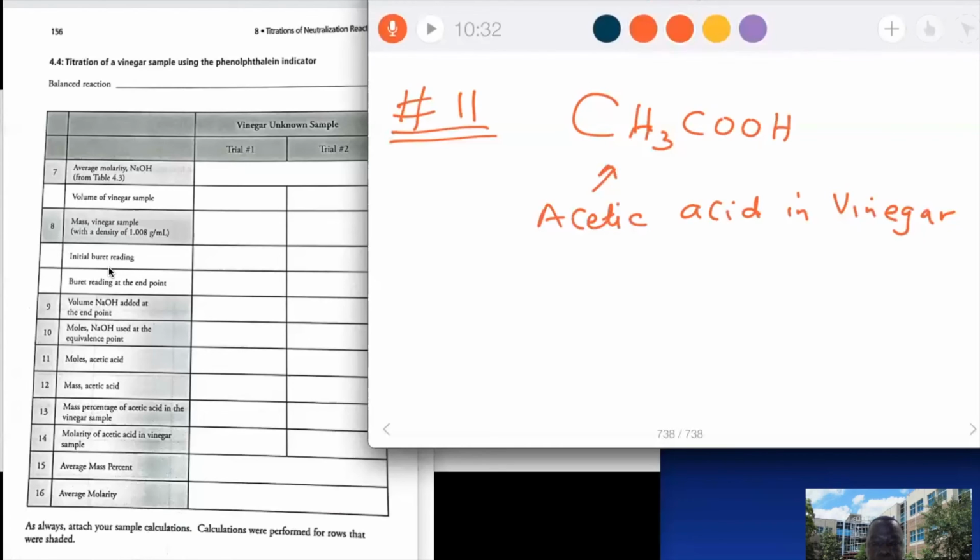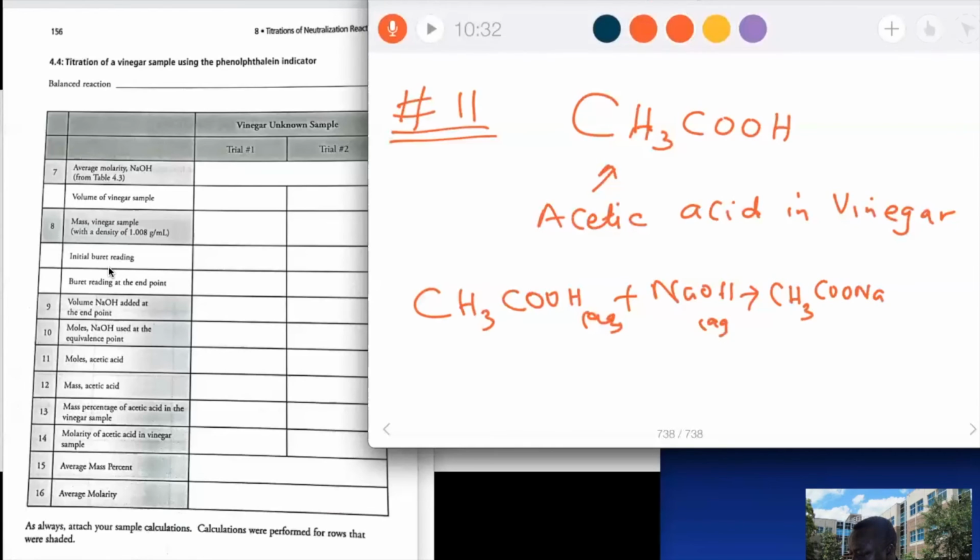In the PowerPoint slide, there is this equation: CH3COOH aqueous reacting with NaOH aqueous to form sodium acetate, CH3COONa, which is soluble in water, aqueous, plus H2O.